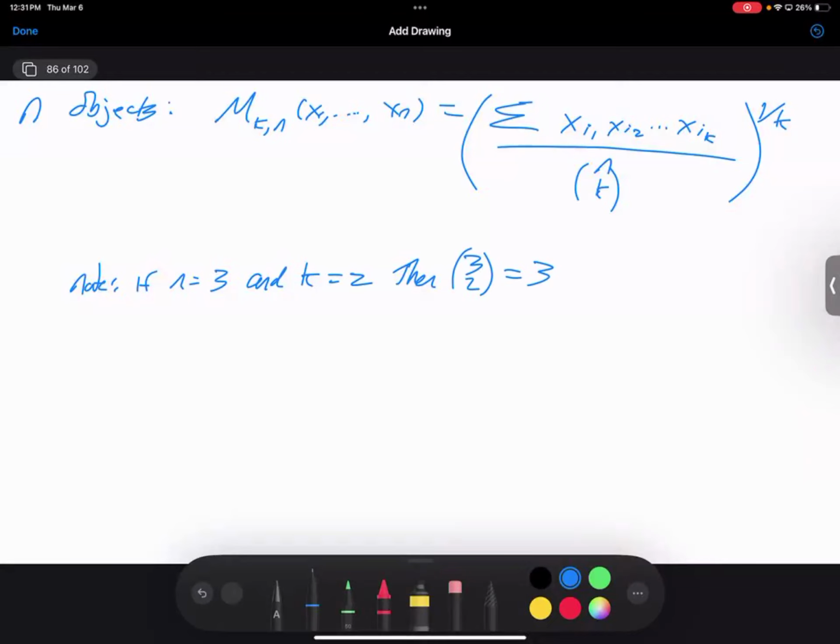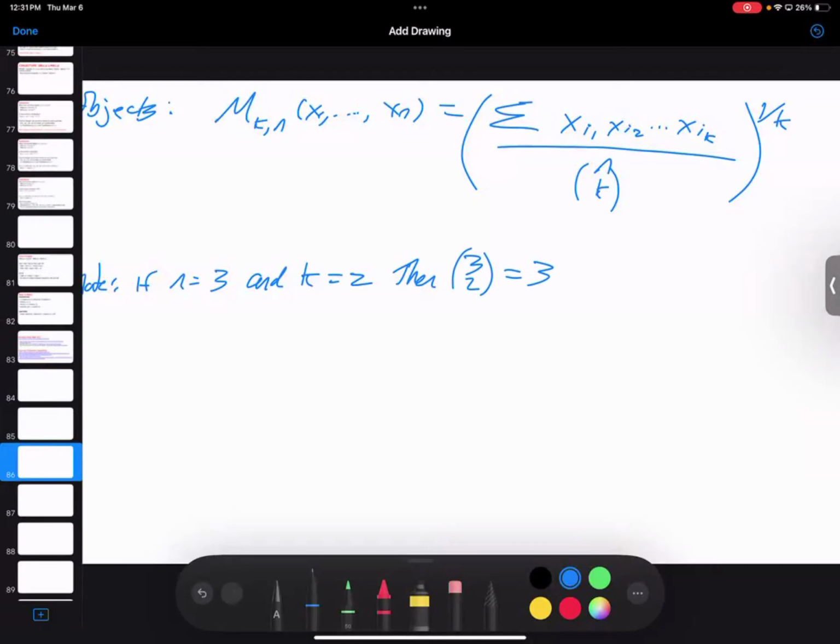The 3 we saw before was really 3 choose 2. So these are our candidates. The last expression we have.